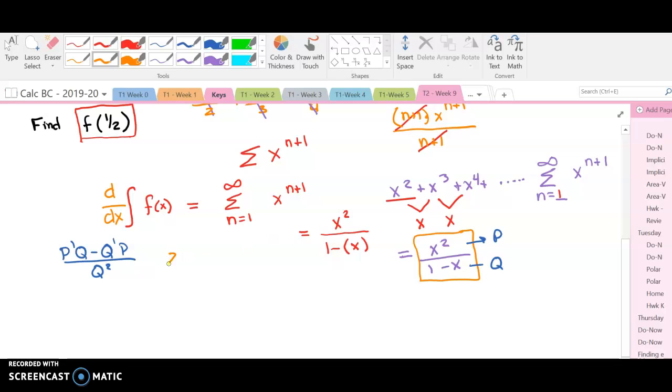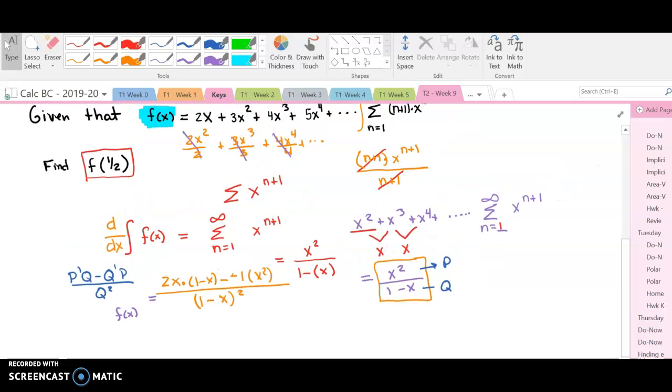So I'll have 2x times 1 minus x minus the derivative of 1 minus x, which is going to be a negative 1, times x squared, all over 1 minus x all squared. This is really what my f of x is.